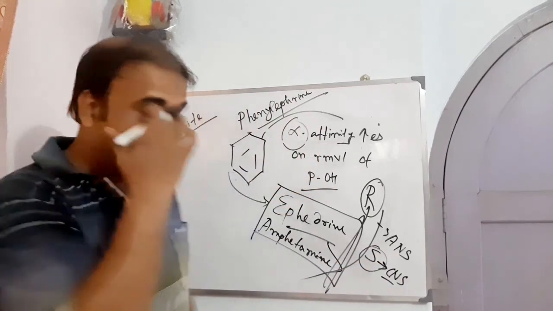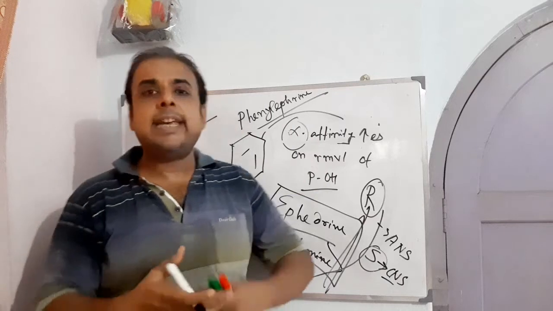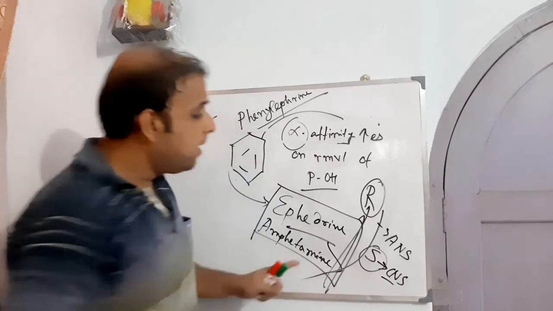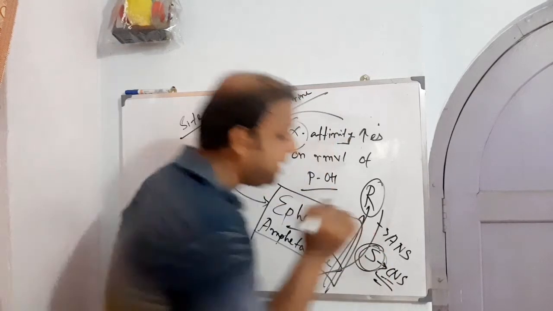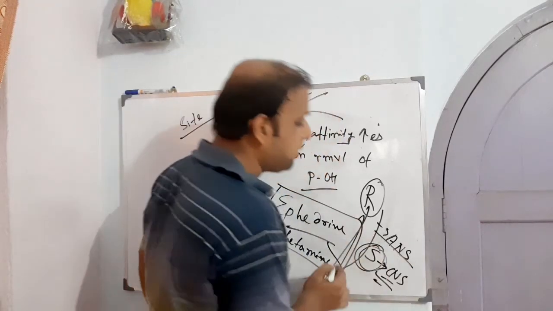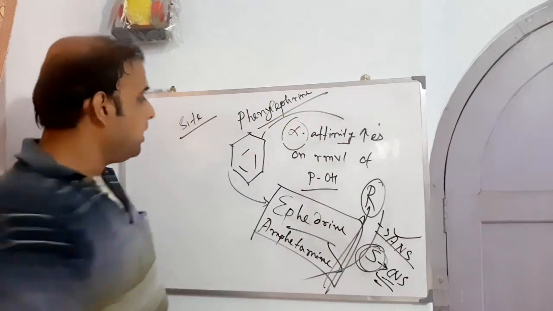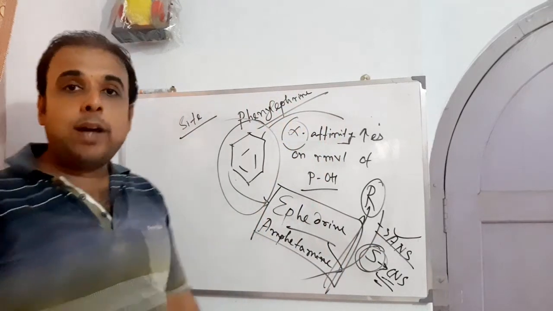That is why amphetamine is sometimes called a CNS acting drug. But both forms are not CNS active. It is the S form that is CNS acting, whereas the R form is ANS acting, right? So we are done with the site 1 modification.